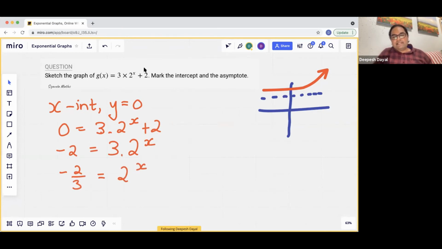Can you see the left-hand side? You can't make it in terms of the base of 2. There is no x value here because 2 to the power of anything will never give you a negative. So we can see there's no x value, and also by looking at our graph, there's no x-intercept.